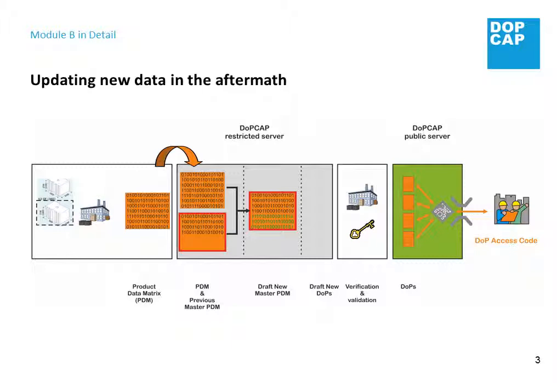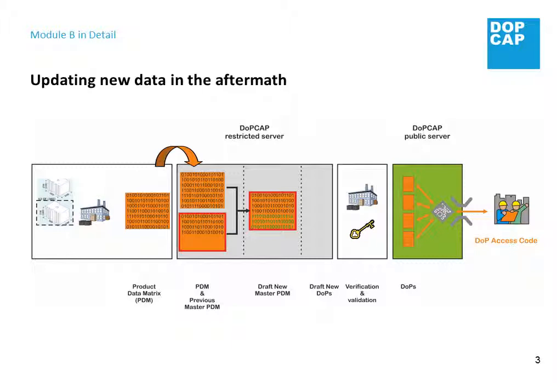So a manufacturer will not be able to change, for example, the dimensions of his products if he has realized that in the first go he made a mistake. If he's made a mistake, the only chance he has is to stop production of this wrong product, if you like, and to create a new product with a new DOP number that has then the correct data.